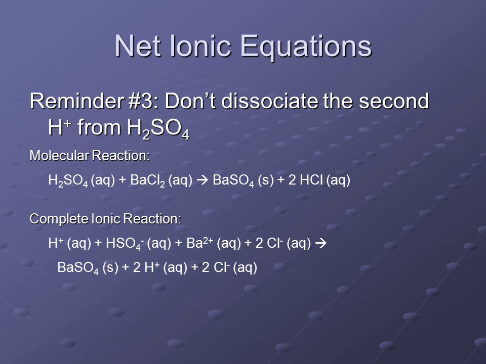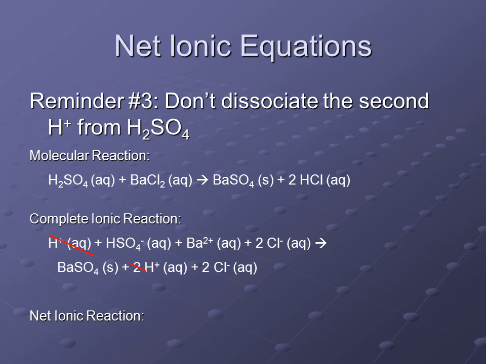Okay, looking for things that cancel out of the complete ionic reaction. We have 1 hydrogen ion here and 2 hydrogen ions here. So we can subtract 1 hydrogen ion from each side, but that's not going to completely cancel out those hydrogen ions on the product side because we have 2 of them.